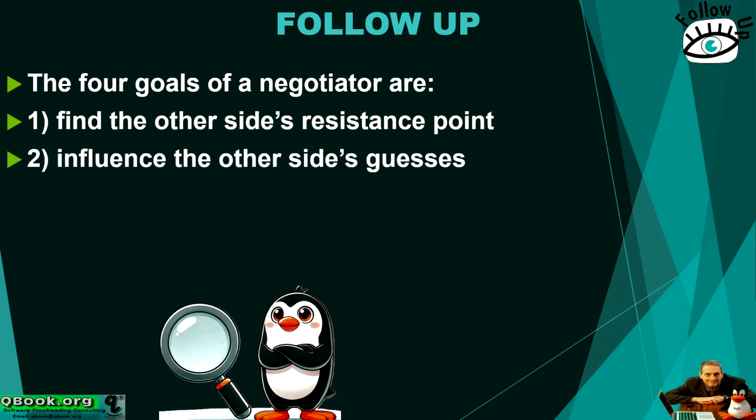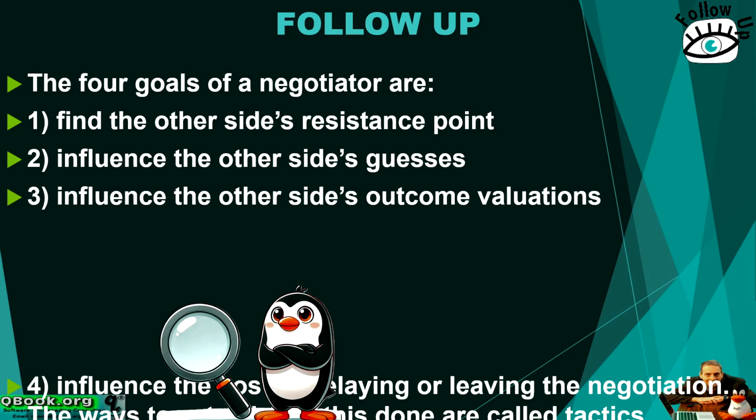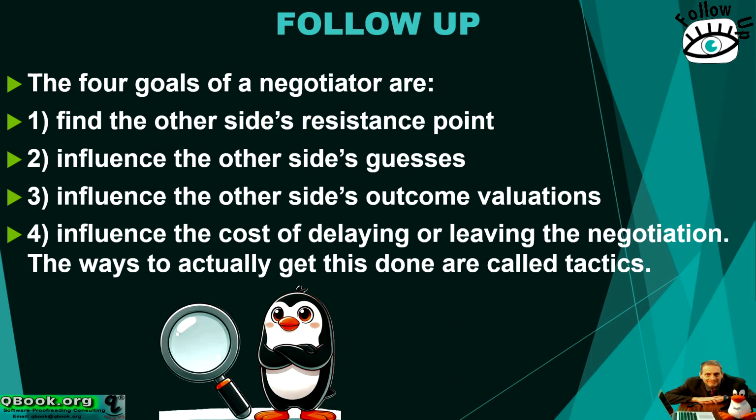Influence the other side's guesses of your resistance point. 3. Influence the other side's outcome valuations. And 4. Influence the cost of delaying or leaving the negotiation.